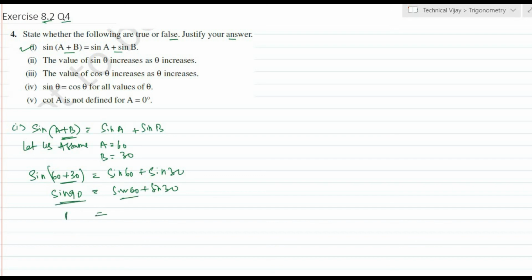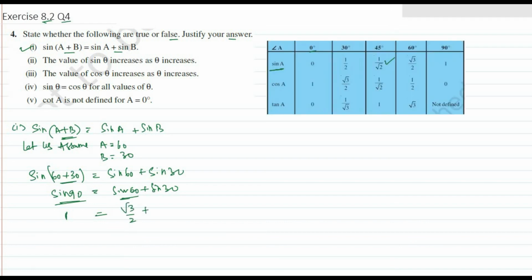This is equal to sin 60, root 3 by 2, plus sin 30, which is 1 by 2. So you see here, this is root 3 plus 1 by 2. So this will not be equal to 1. Hence this is false, because this statement should be satisfied for any values of a and b.